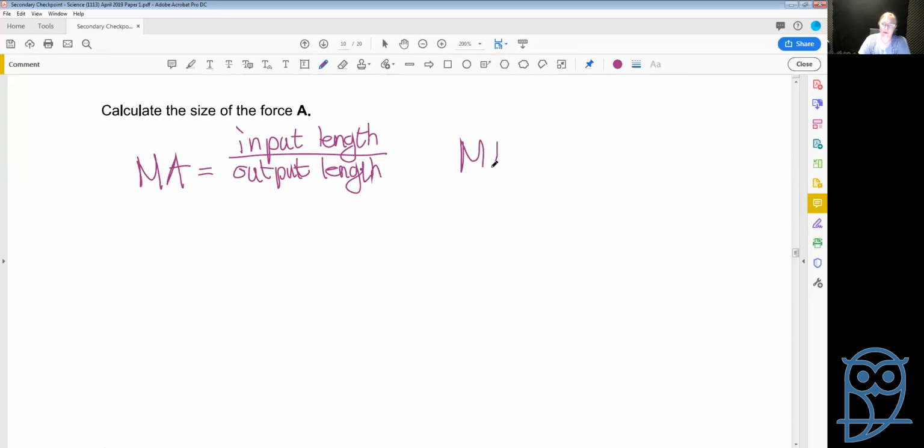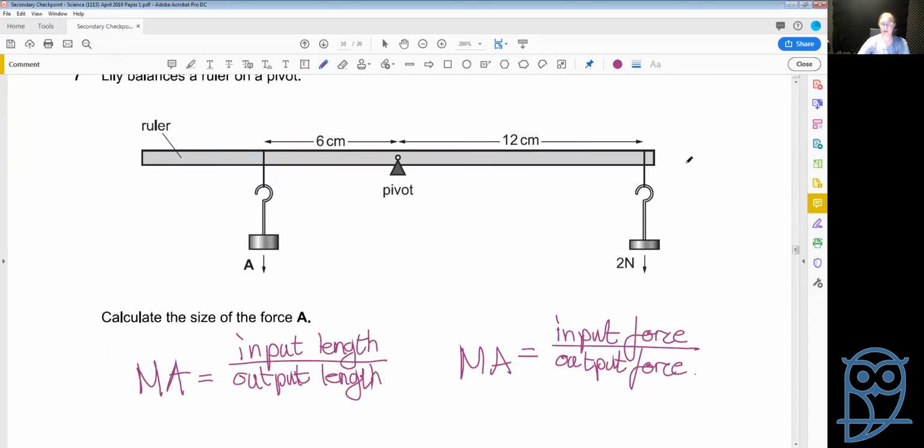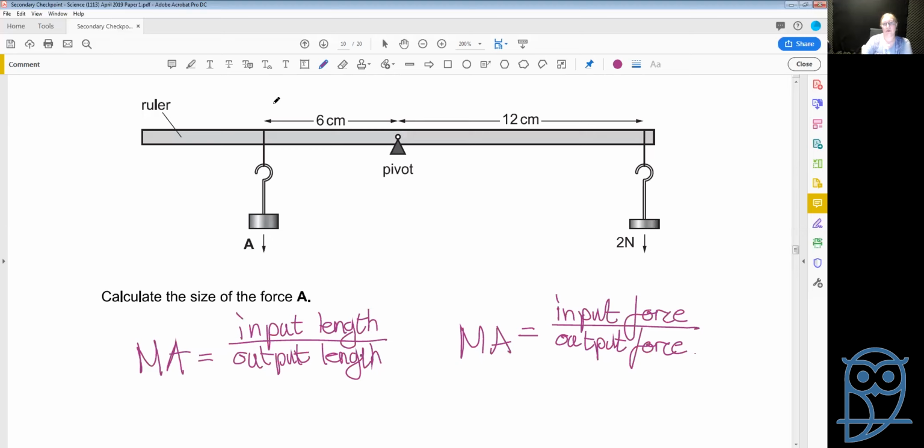And the other formula is the input force over the output force. Okay. So we need to see which ones of these we have. We have both lengths, so we can calculate this. So we're going to use this formula first to calculate our mechanical advantage.